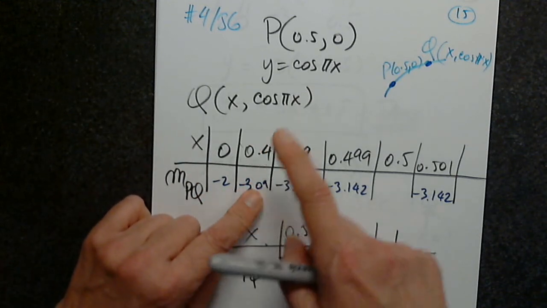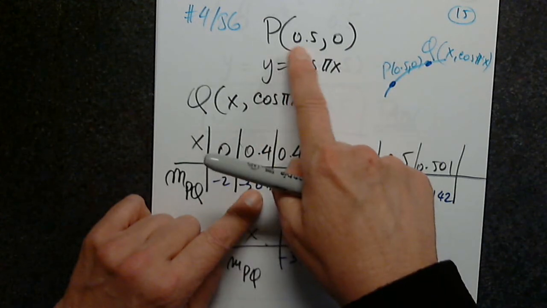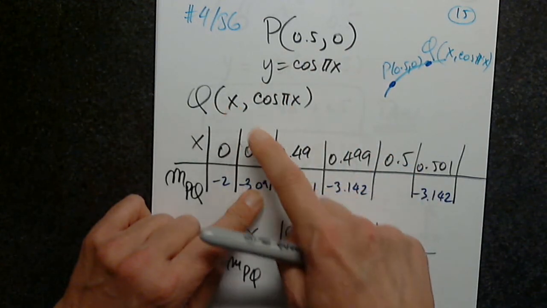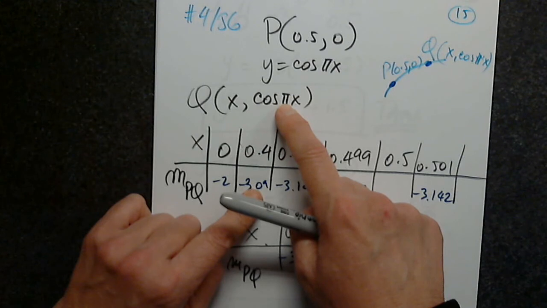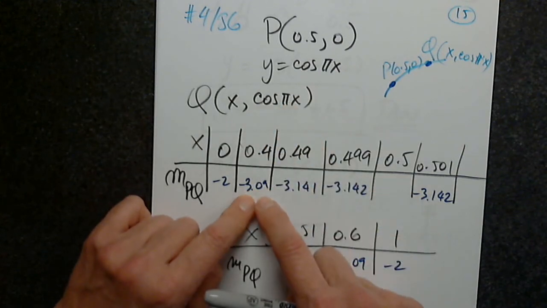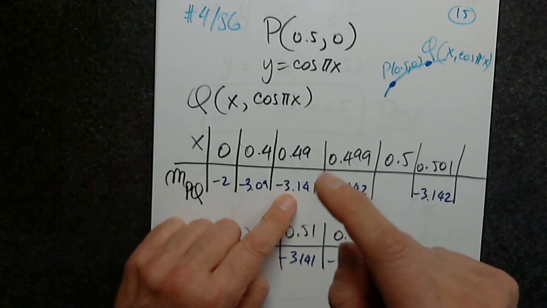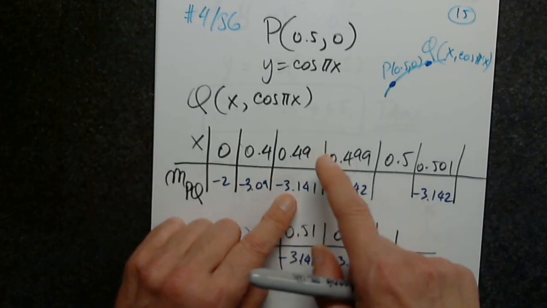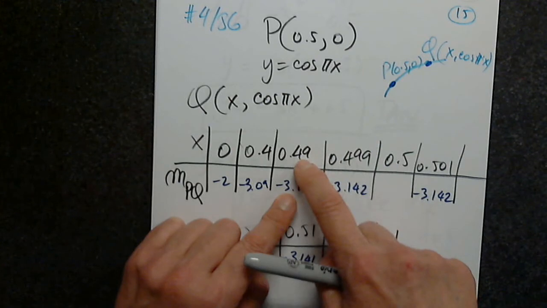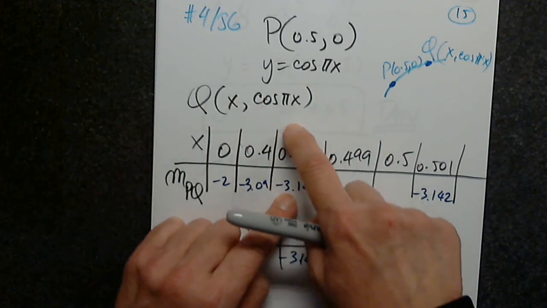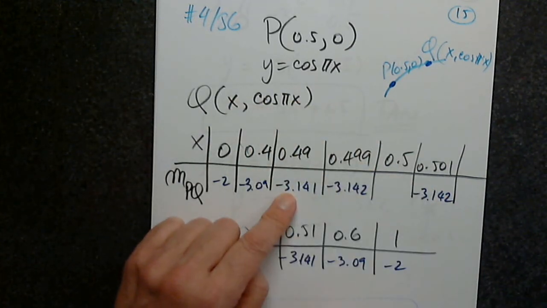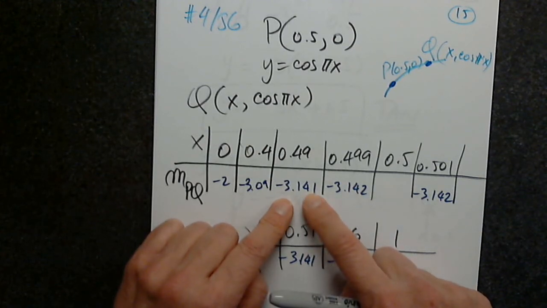Now this is the slope of the line going through P and through 0.5, cosine pi times 0.5. And I got this slope. The next one is the slope of the secant line between 0.5 and 0 and 0.49 and cosine pi times 0.49. And I got this slope.